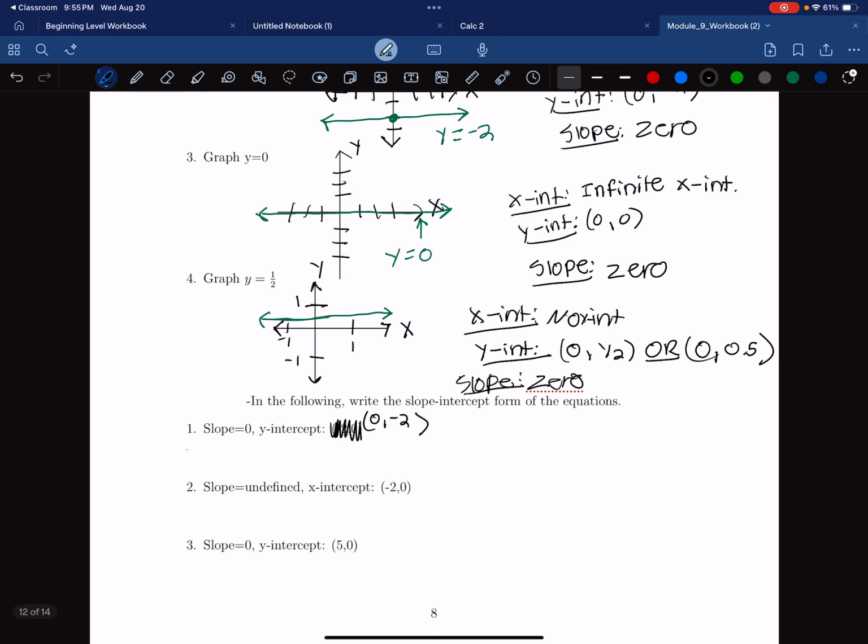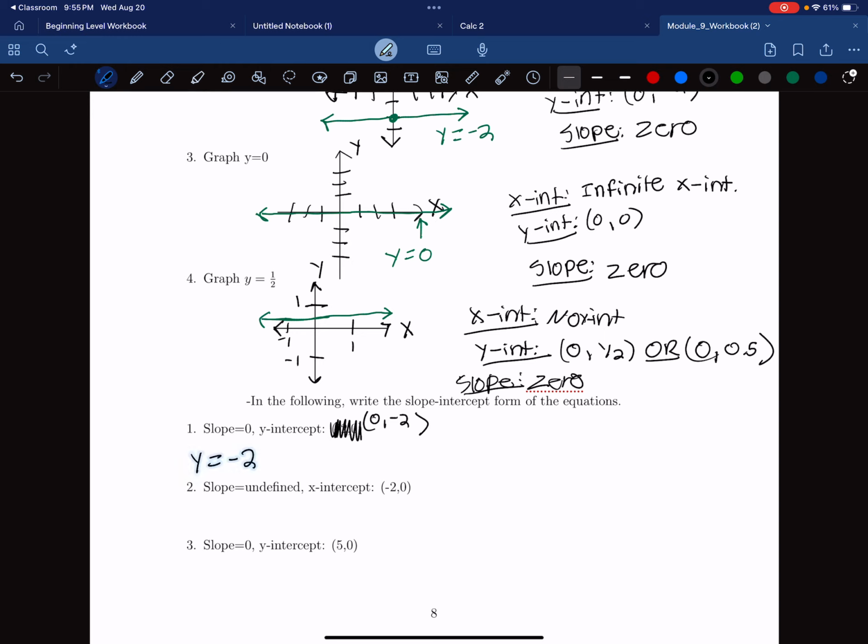And remember, that number is always going to be set equal to whatever the y-intercept is, which is -2. So for this equation, we're going to have y equals -2.